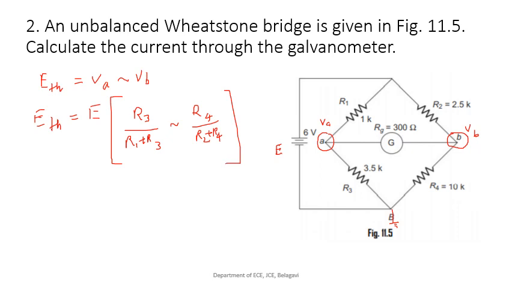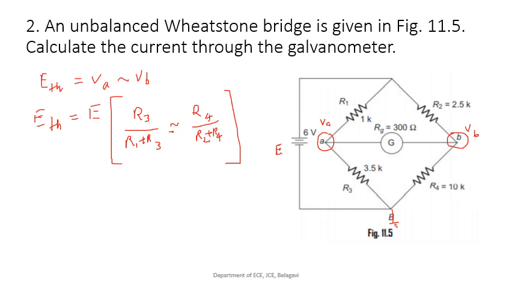Why I'm writing difference is because sometimes if you do VA minus VB you may get a negative value. If you get a negative value, it indicates that point B is at higher voltage than point A. Then you have to do VB minus VA.